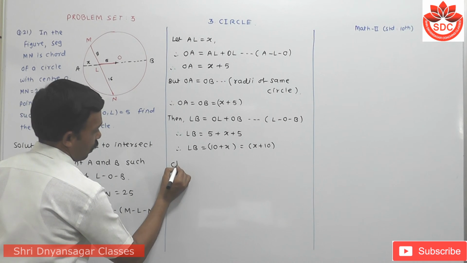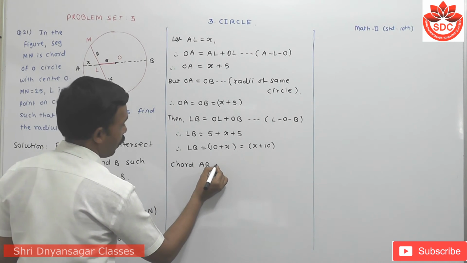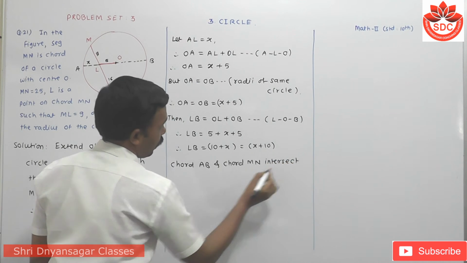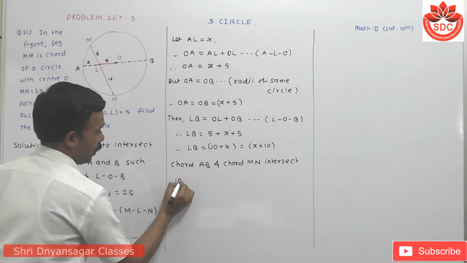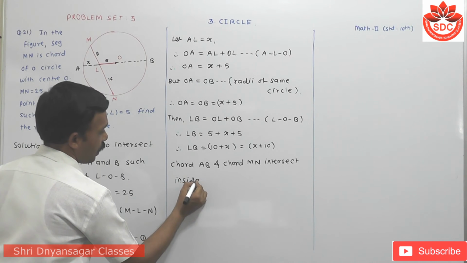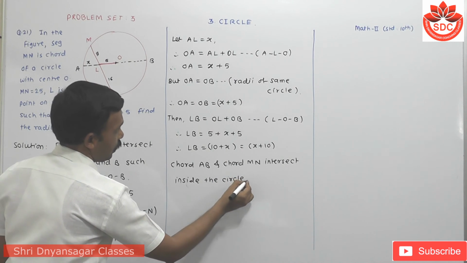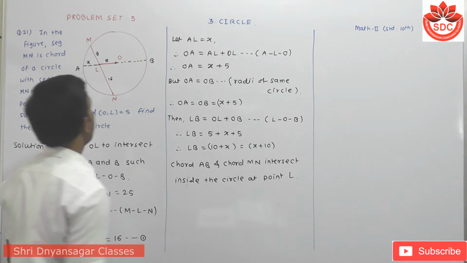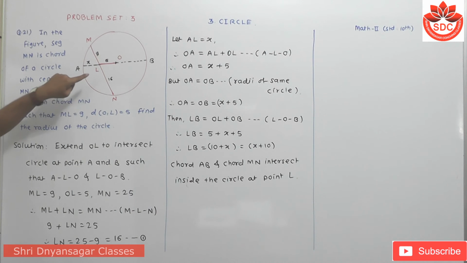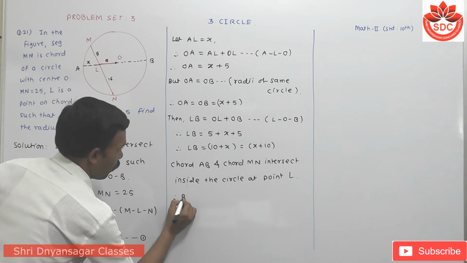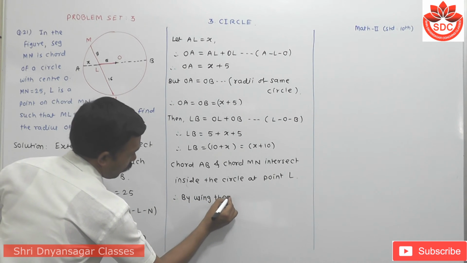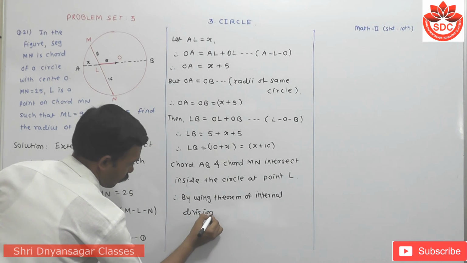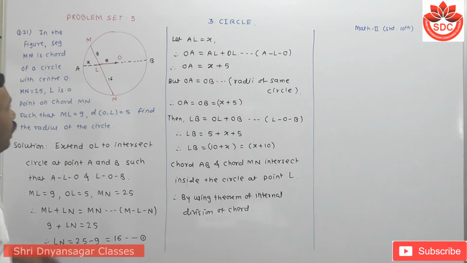So here chord AB and chord MN intersect each other inside the circle at point L. Therefore, by using the theorem of internal division of chords, now we have to take here.